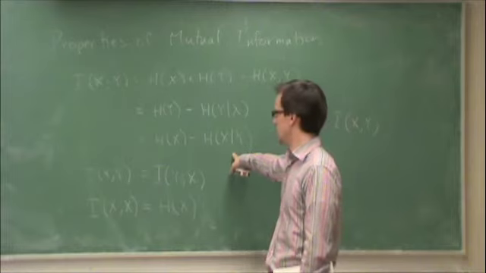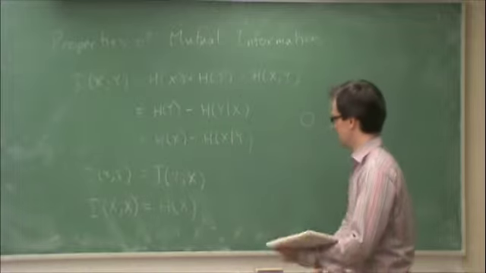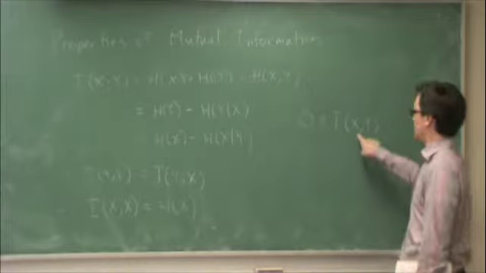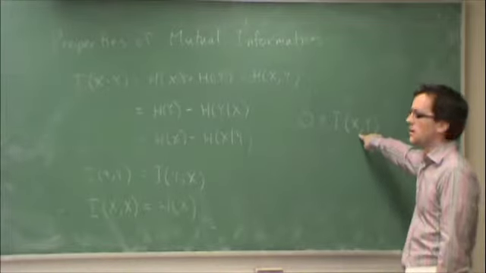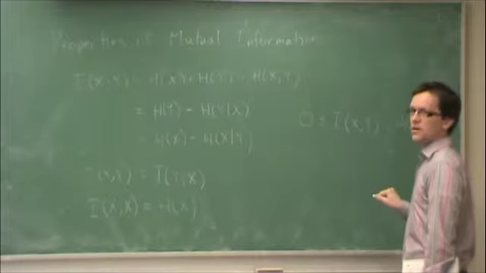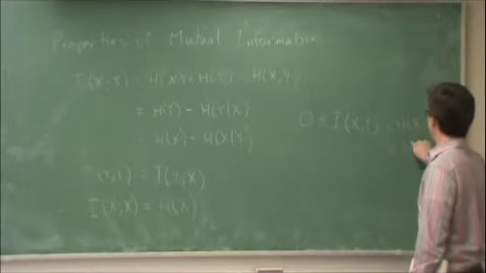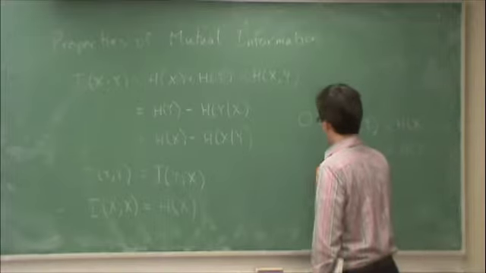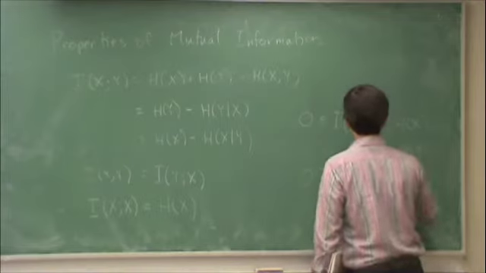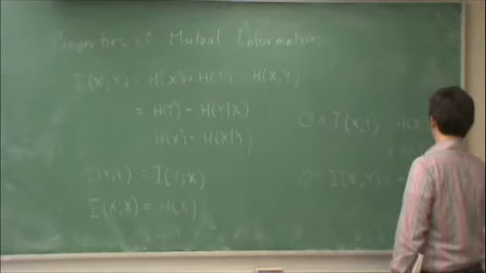Zero. So this term is minimum at 0, so the maximum possible value of mutual information is what? H of x, or using the other one, H of y. So in other words, 0 is less than or equal to mutual information between x and y is less than or equal to min of H of x, H of y.